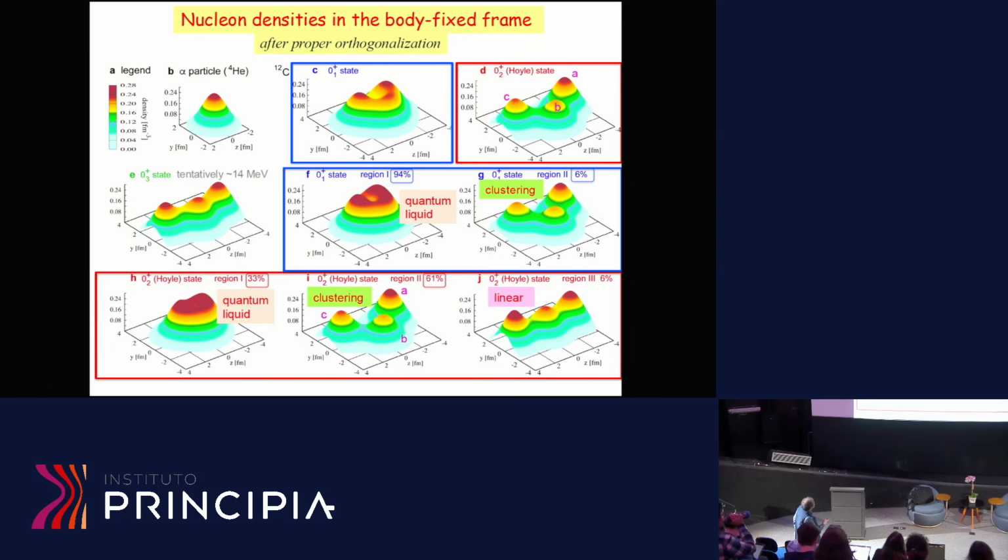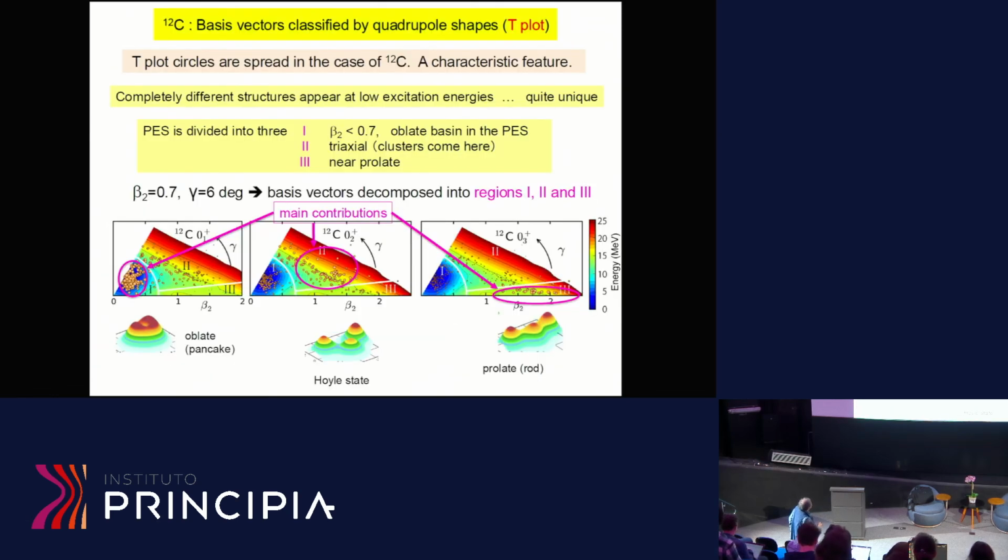Now let me come back to the T-plot. I mentioned the T-plot, and this is the potential energy surface of carbon isotopes. Usually the T-plot circles are concentrated in a small region. However, carbon-12 is very special. In this case, the T-plot circles are scattered over a wider range.